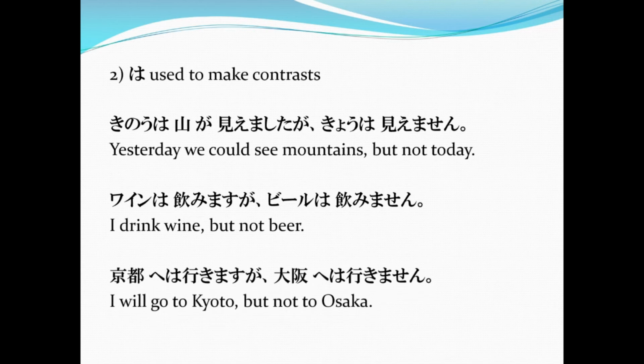And then another example is Kyoto e wa ikimasu ga Osaka e wa ikimasen. Again, Kyoto e wa ikimasu ga Osaka e wa ikimasen. Or in English, I will go to Kyoto but not Osaka, making a contrast that the speaker is going to Kyoto but not to Osaka. Wakarimashita minasan?